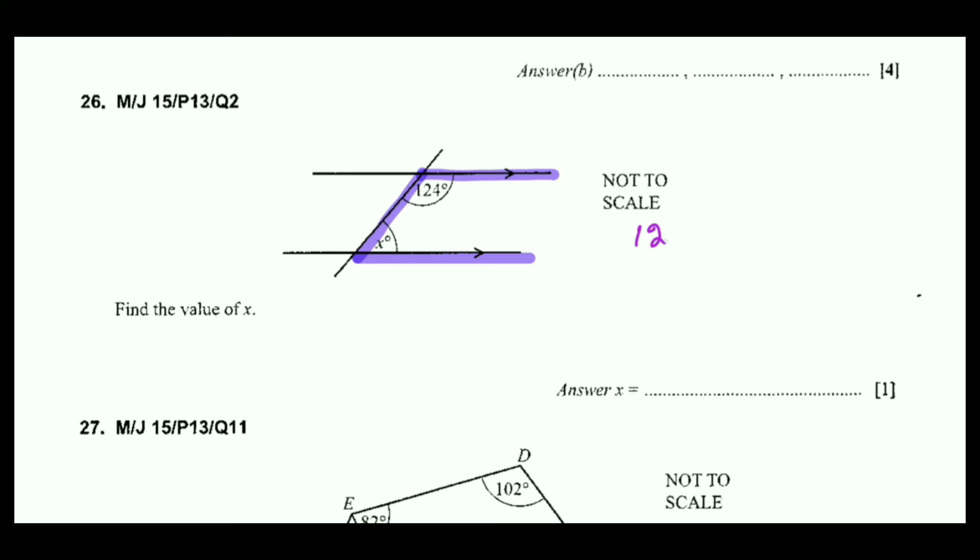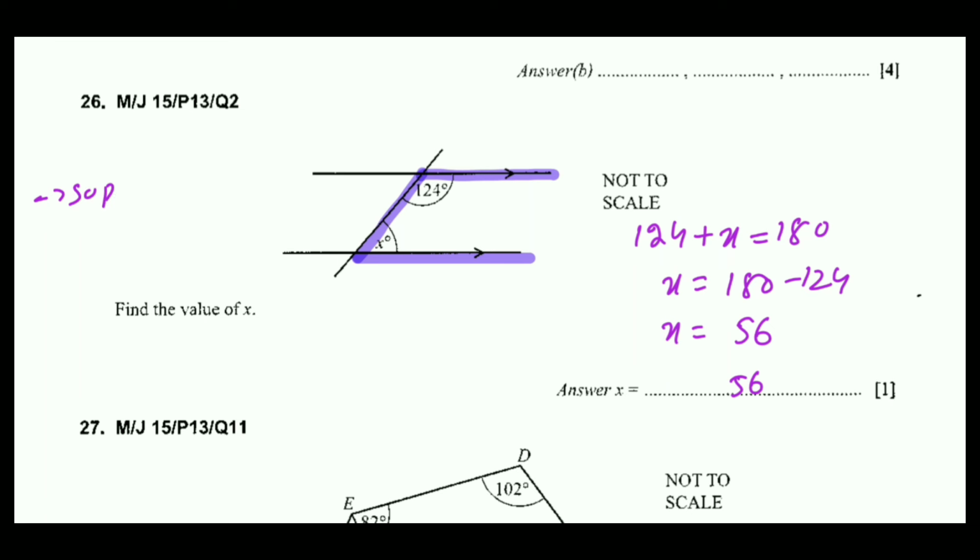Sum of these two angles will be equal to 180. 124 plus x is equal to 180. X is equal to 180 minus 124, which is 56. So 56 will be the answer. We have used the supplementary angles property here, where the angles make a C shape.